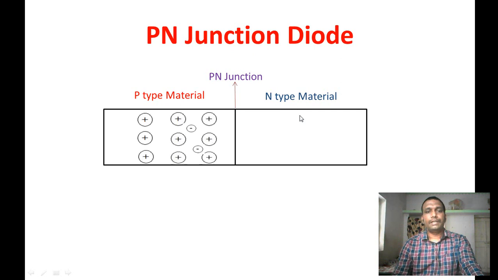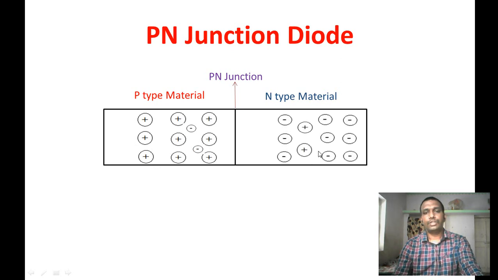In the p-type material, holes have a positive charge and electrons have a negative charge. Holes are the majority charge carriers and electrons are the minority charge carriers, so the p-type material has a positive charge. Similarly, in the n-type material, electrons are the majority charge carriers with a negative charge and holes are the minority charge carriers with a positive charge.